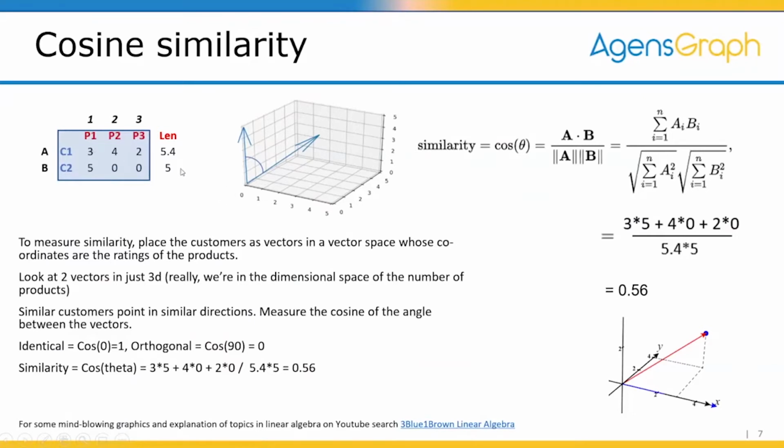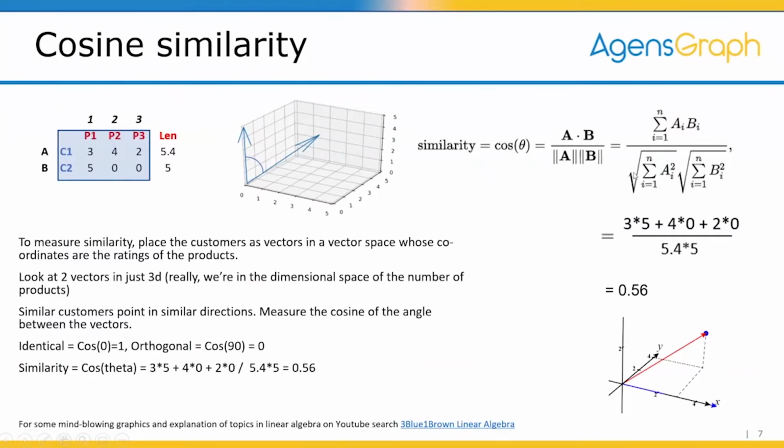I look at their lengths, which I do using just ordinary Euclidean distance, which is I square this and square this and square this and add them all up together and take the square root, which is written very succinctly here. It's written in the denominator here.